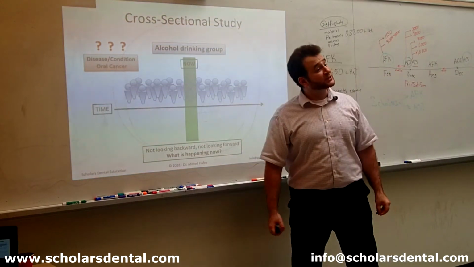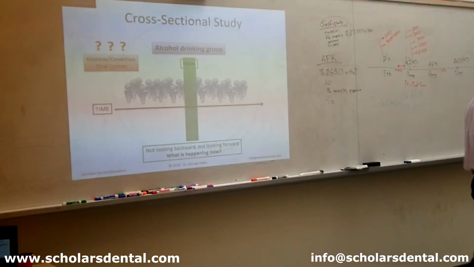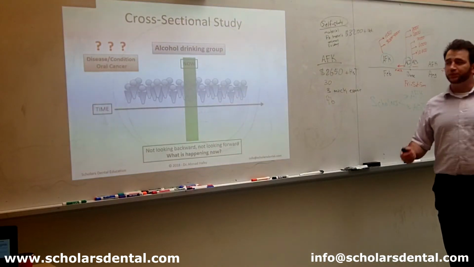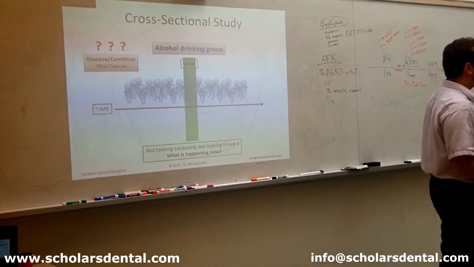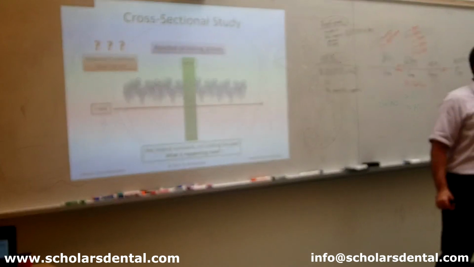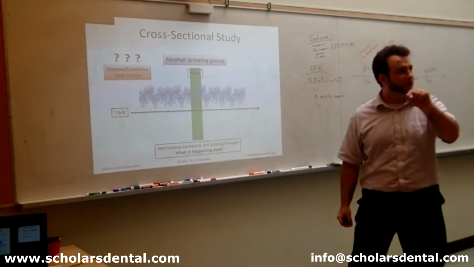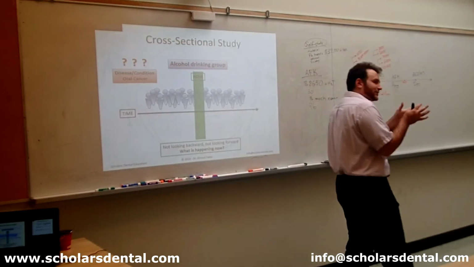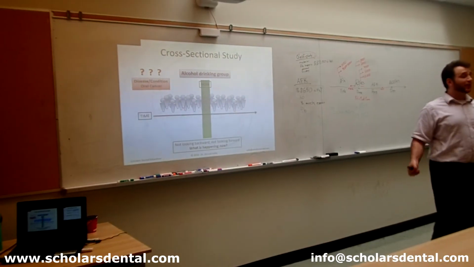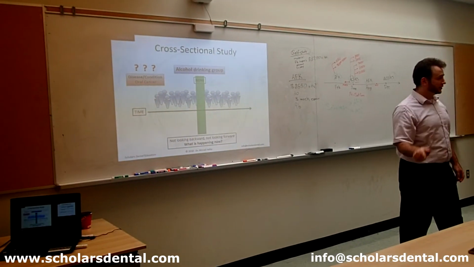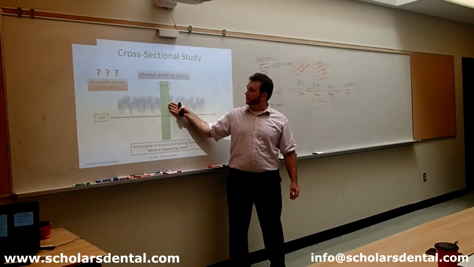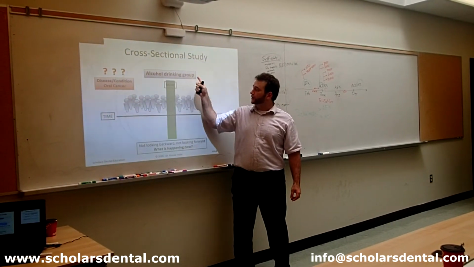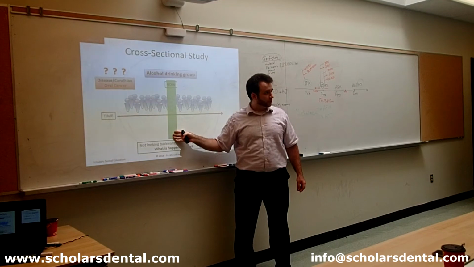Now, you could get specific with what the population is. So the population could be alcohol drinking people, right? It could be alcohol drinking men. It could be alcohol drinking men aged from 40 to 50. Does that make sense? So you can get specific with the population. That's why sometimes it could be used in analytical. So for example, let's say you did a cross-sectional study on alcohol drinking men, and you got a number.